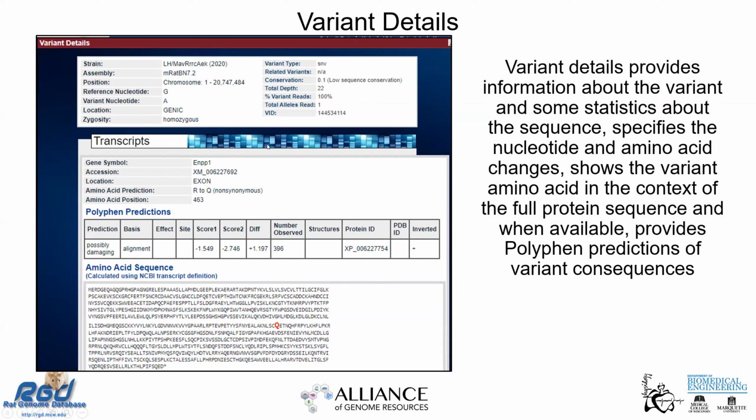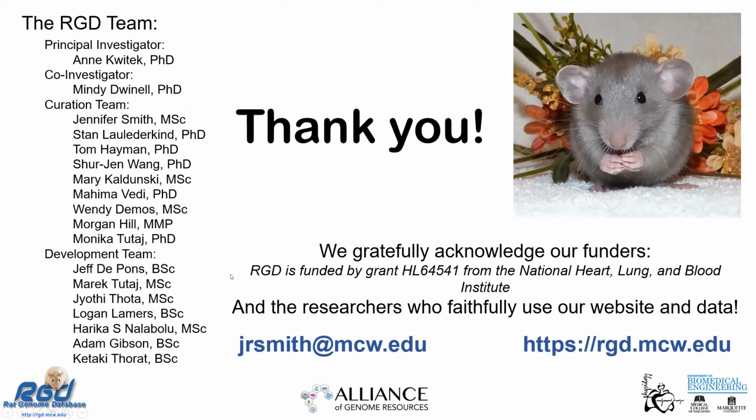It shows me the reference and variant nucleotide, the reference and variant amino acid, and then shows me that in the context of the full protein sequence and gives me information about how polyphen is predicting whether this is damaging versus this particular transcript. And I can tell you that it's not predicted to be damaging for the other transcripts of this gene, just for this one. And with that, I'm going to say thank you.